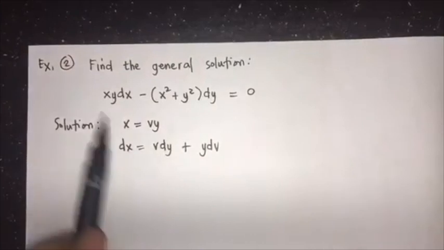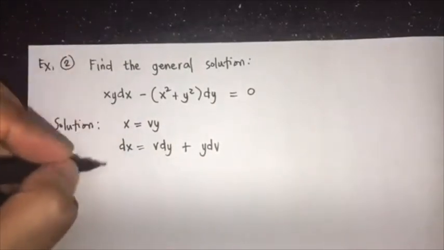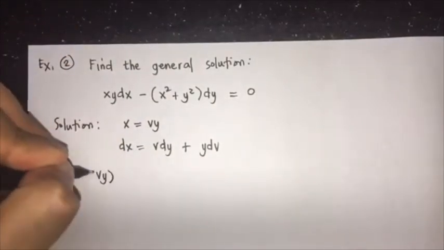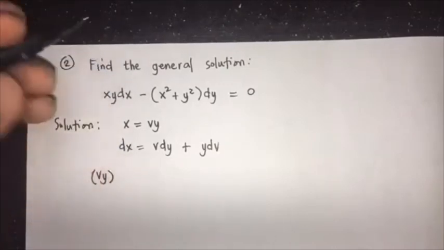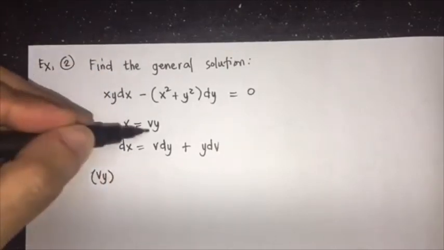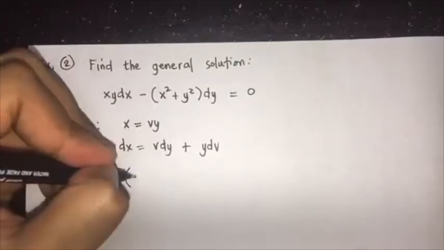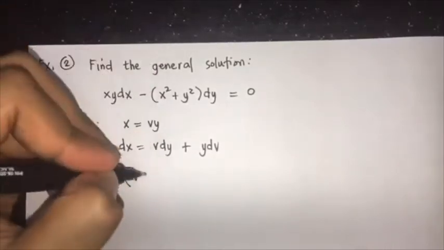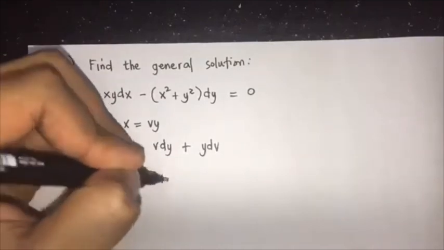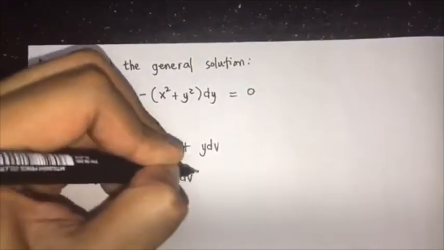Okay, substituting, x is equal to vy, and then we have y, and then dx is v dy plus y dv.